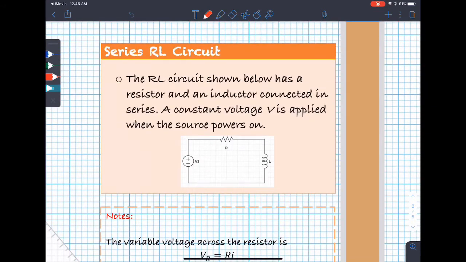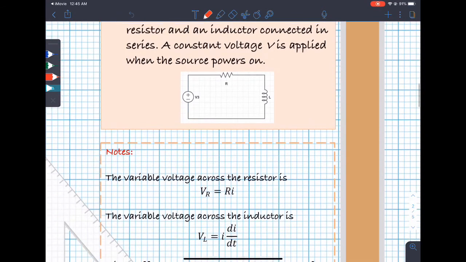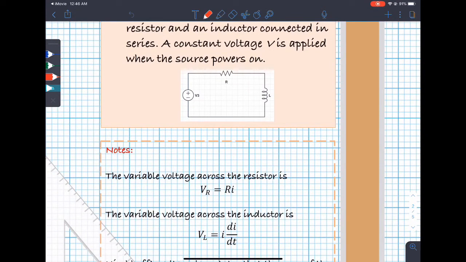We just have to recall that, for example, if we have a series RL circuit, the voltage on the resistor would be the product of the resistance times the current flowing in the circuit.